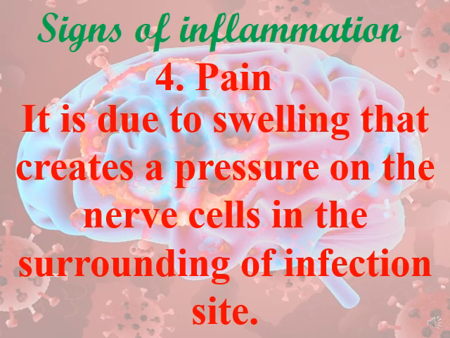Number 3 is swelling, due to the flow of the immune cells across the capillary walls toward the site of infection. And number 4 is the pain, which is due to the swelling that creates a pressure on the nerve cells in the surrounding of the infection site.